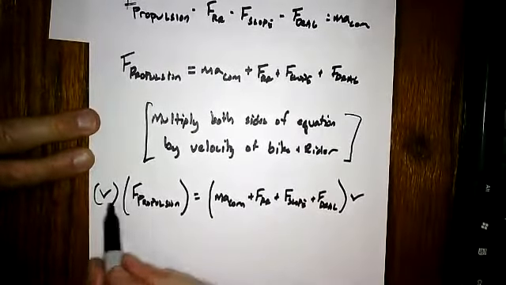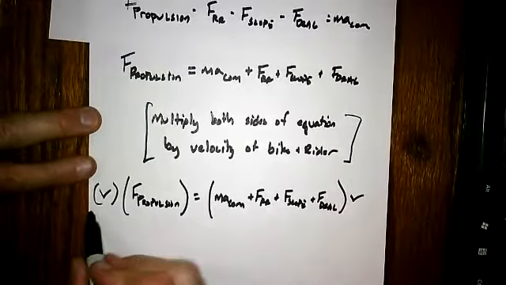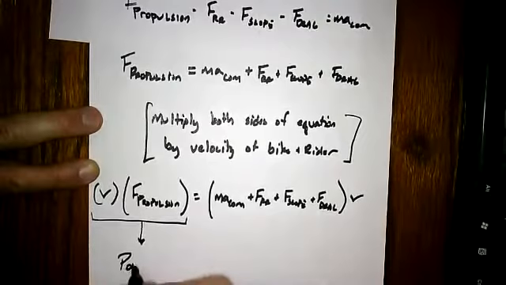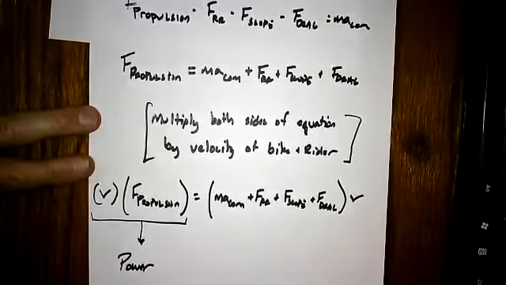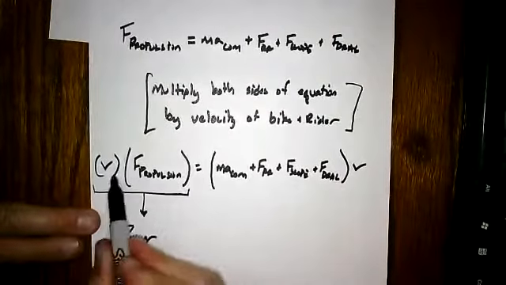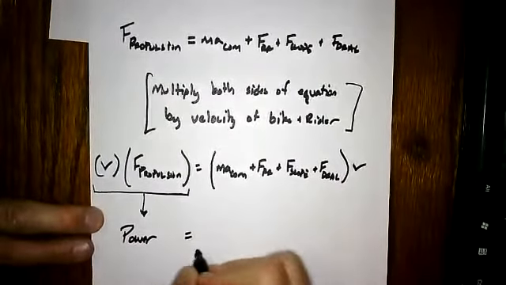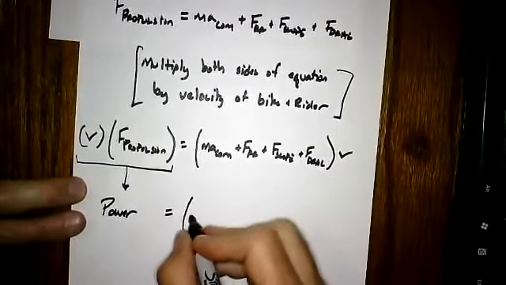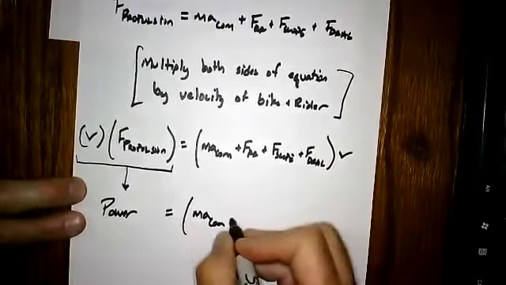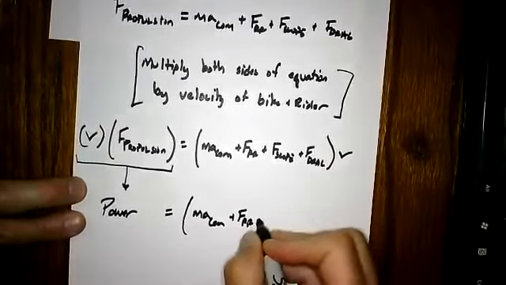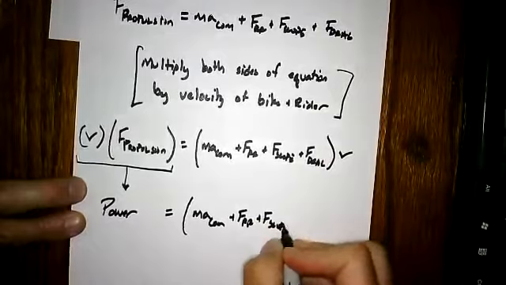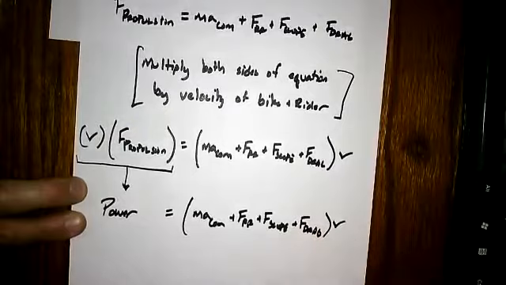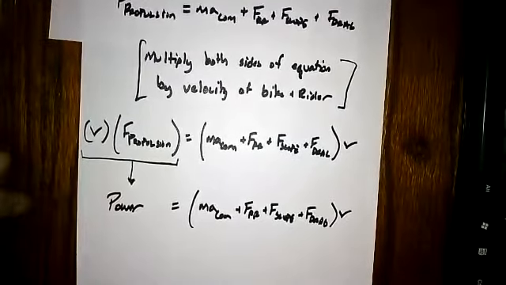This right here, this is force times velocity. This is power. Force times velocity. And now power is equal to all of this over here: m a COM plus F RR plus F slope plus F drag, times how fast the cyclist is going.